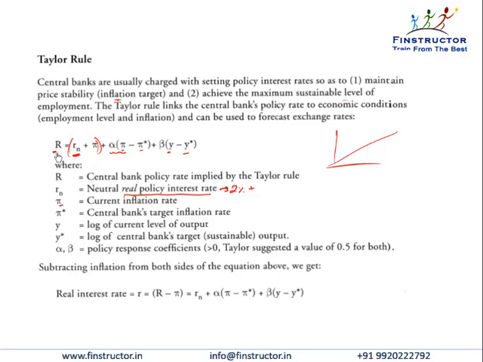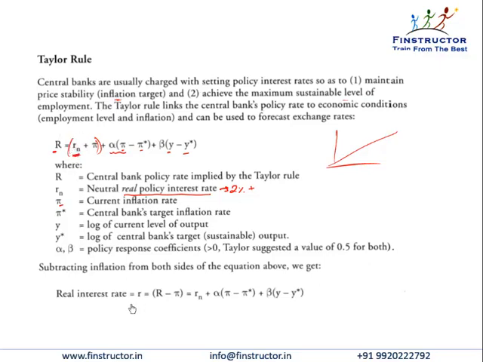The rate of return would be the implied rate by the Taylor rule, or this is the rate of interest that should be there in the economy, that is the yield on government bonds or the policy rate, the repurchase rate that the government is keeping.